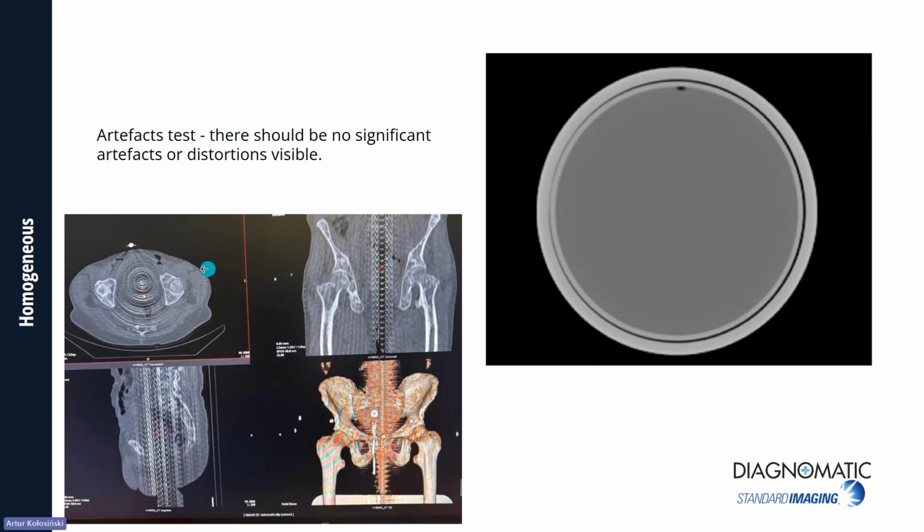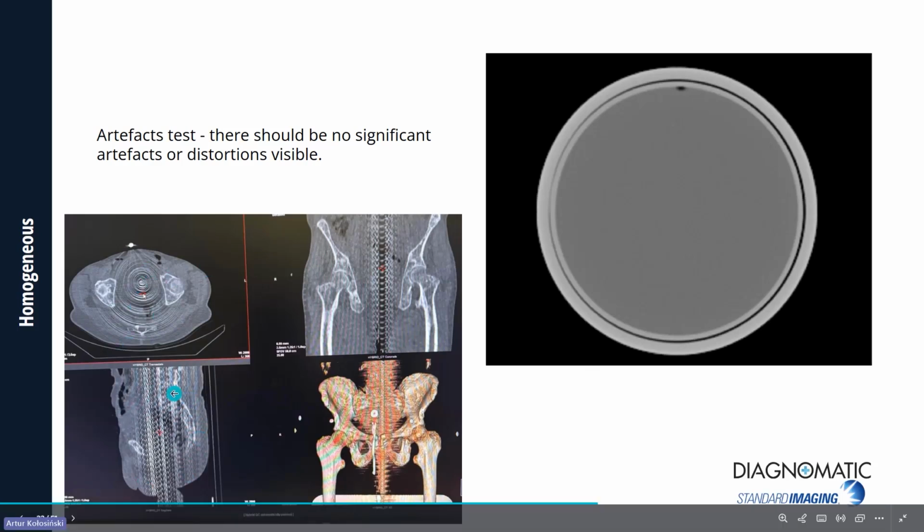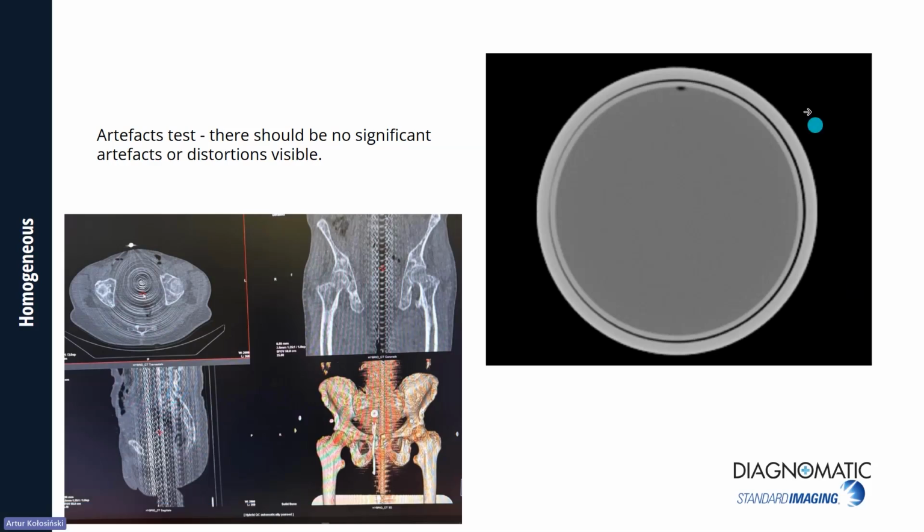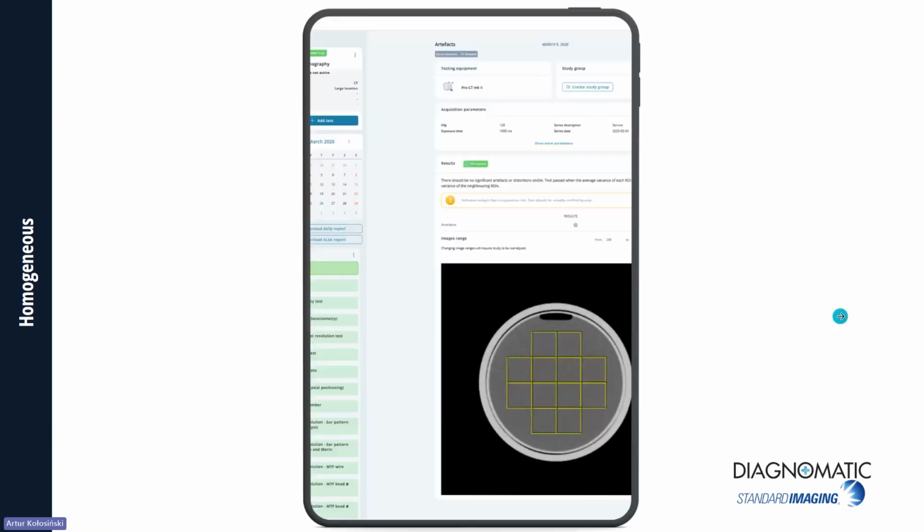On the left, we have different examples of artifacts or distortions. So when we make the acquisition, the image should be like the image on the right, without distortions, without artifacts. And the software allows us to analyze.